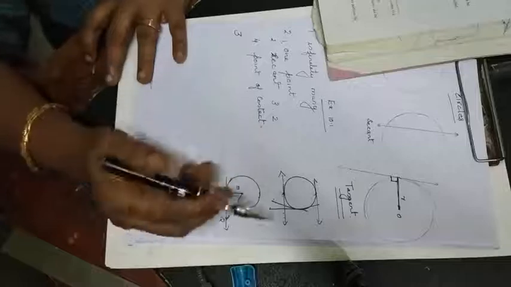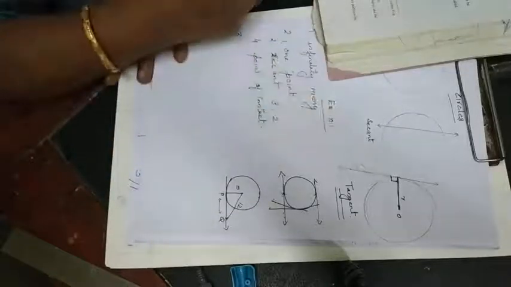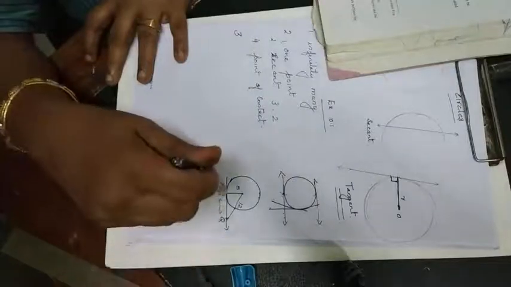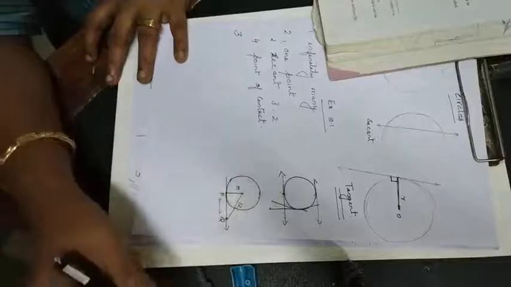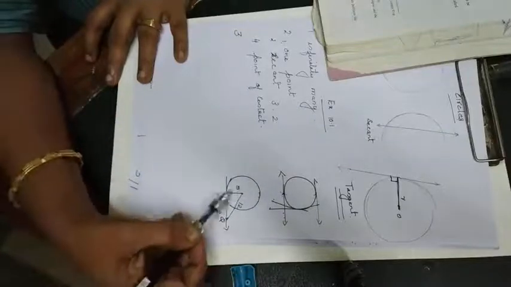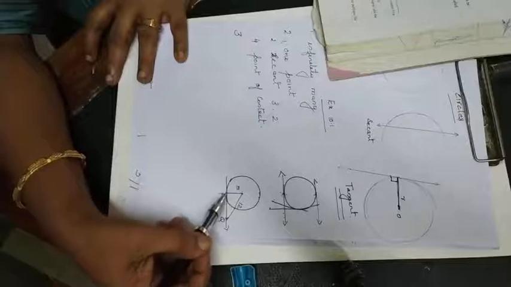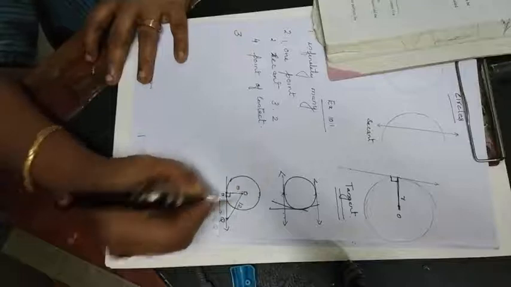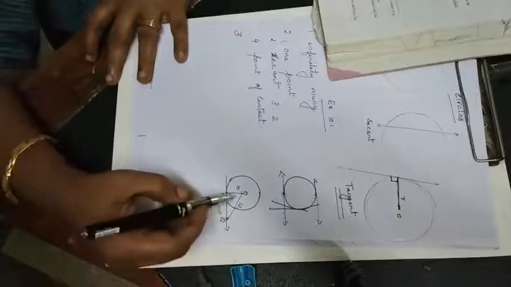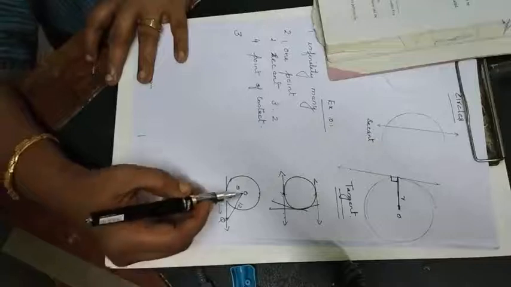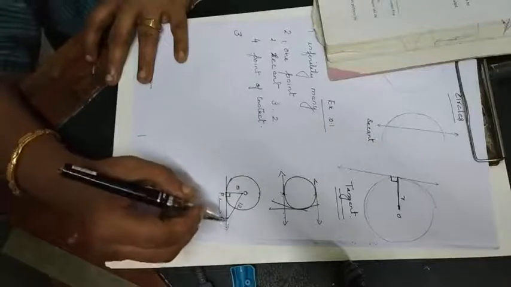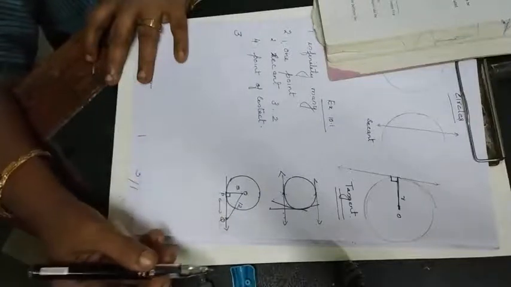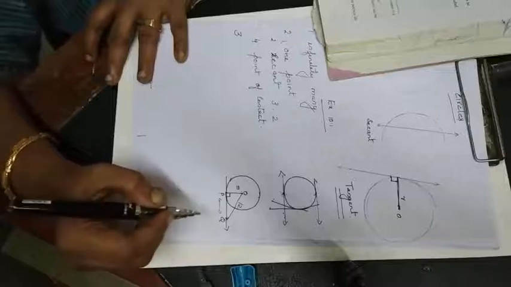Now we have already learned that the theorem says that the radius will always be perpendicular to the tangent. Wherever you are drawing the tangent, the radius will always be perpendicular to the tangent. Now O is the center. Triangle OPQ will be a right angle triangle. OQ is its hypotenuse. Now PQ you are asked to find out.